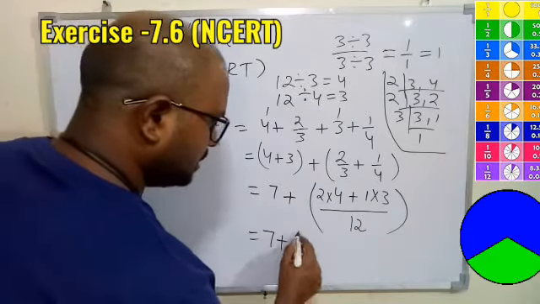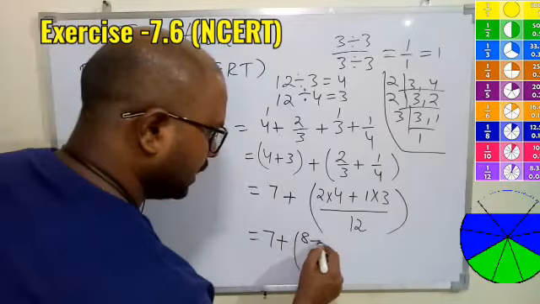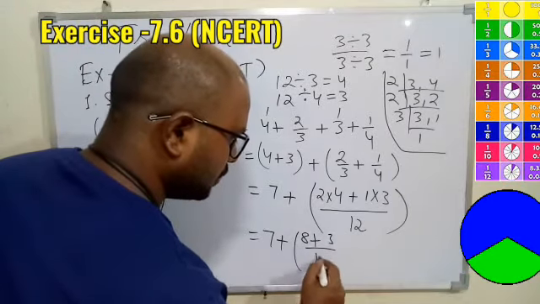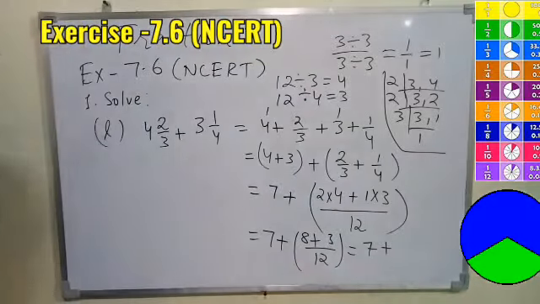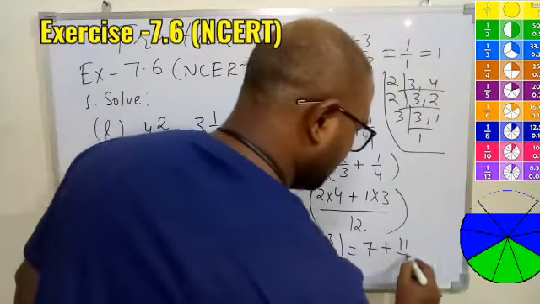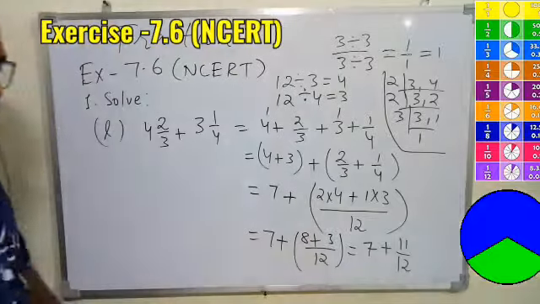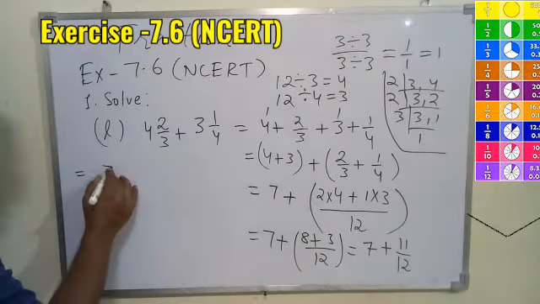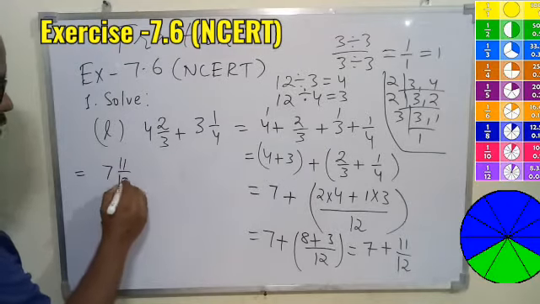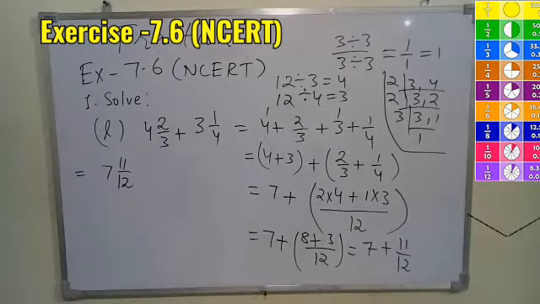So we have 7 plus 4 2 is 8, 3 1 is 3, over 12. So 7 plus 8 plus 3, 11 by 12. So finally we can write down, that is nothing but 7 11 by 12. This is the final answer.